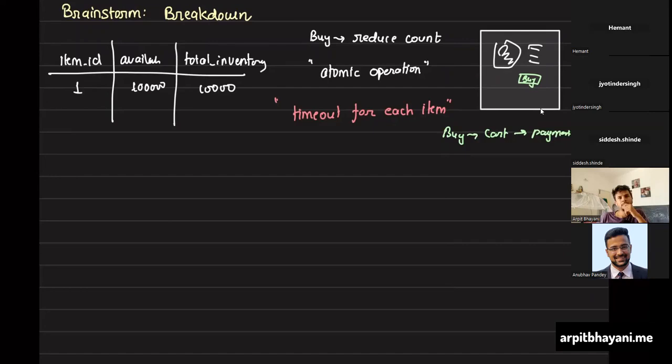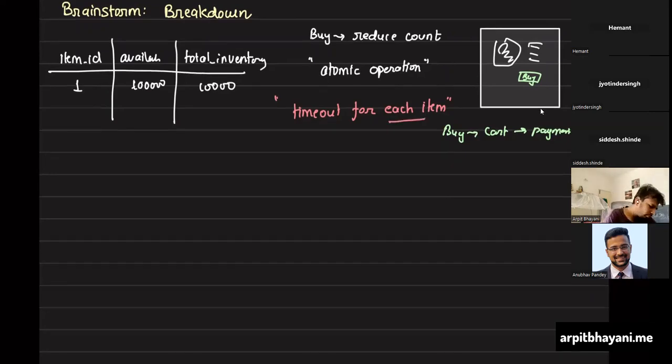So how do we make that happen with this table? You raised a very valid point that if you store it in an aggregated fashion, how would you know the timeout for each item? This gives us a hint that aggregation might not be the best way to store this information, because you need a per-item timeout.